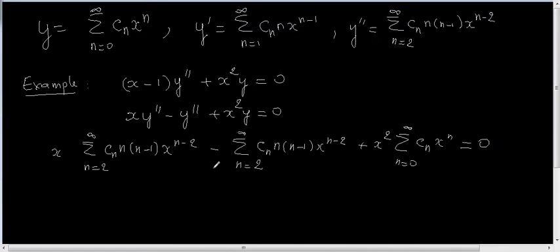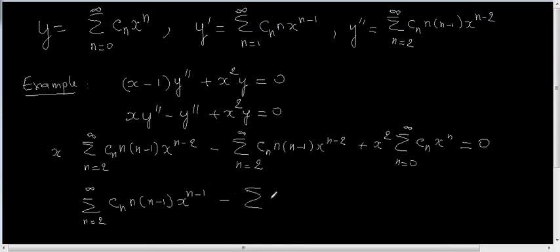Now we need to combine these power series. For that, first we need to multiply with all the terms having x, or in general multiply with any coefficients inside the power series. So for this first power series, we obtain the sum from 2 to infinity of Cn n(n-1) x^(n-2+1), that means x^(n-1).